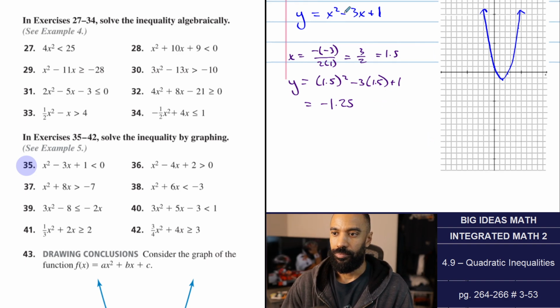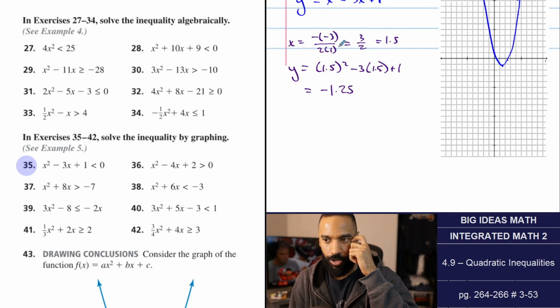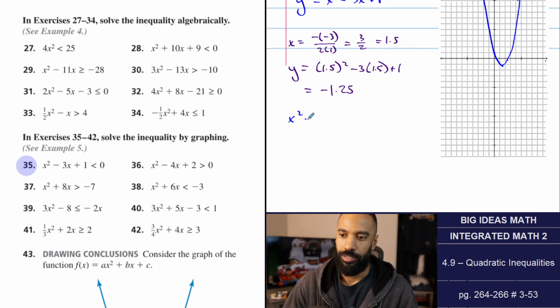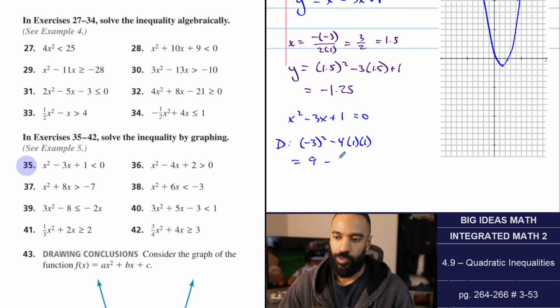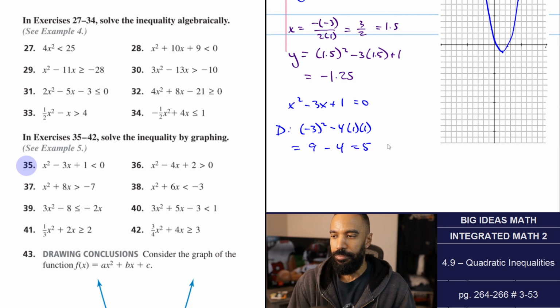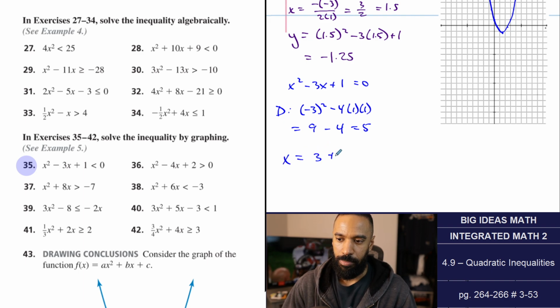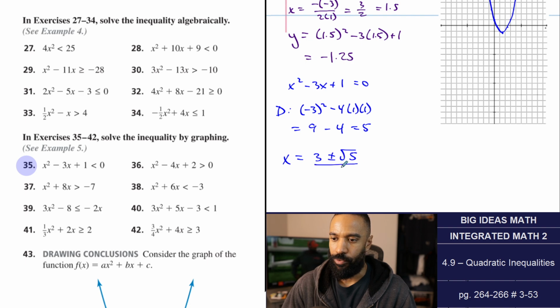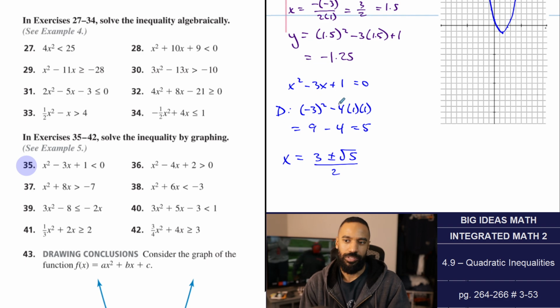So, when set equal to 0, for the critical values, my discriminant is b squared minus 4ac, which is 9 minus 4, which is 5. So x equals negative b plus or minus the square root of b squared minus 4ac, all over 2a.